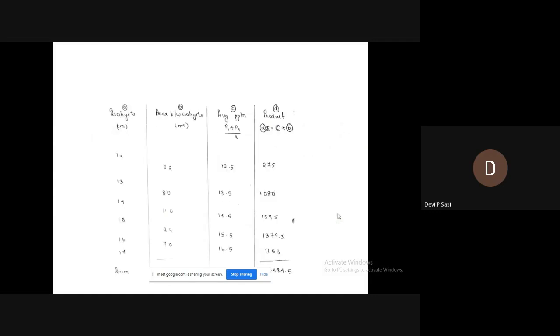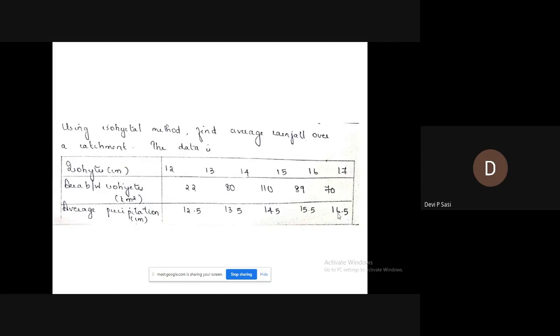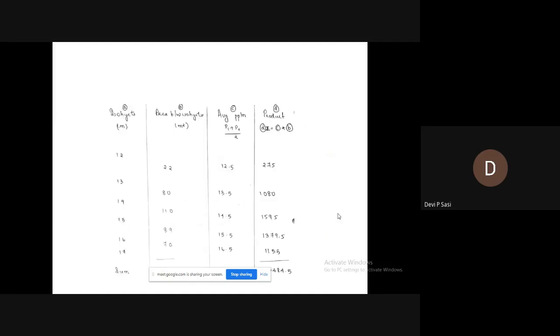Now you draw columns. The first column is isohyet, name that column A. Isohyet is given in centimeter. Second column, area between isohyets, is given in kilometer square. Third column, average precipitation, that means (P1 plus P2) by 2.